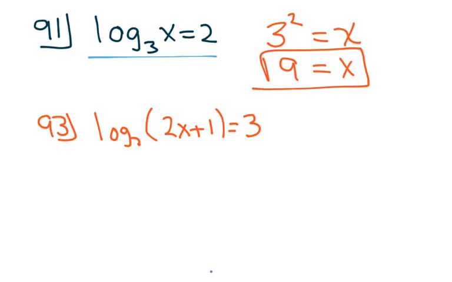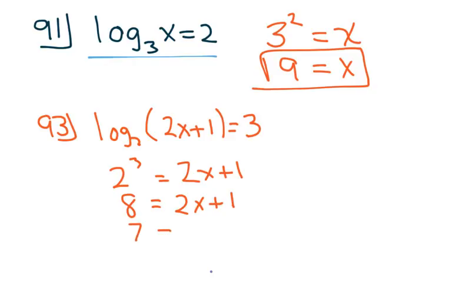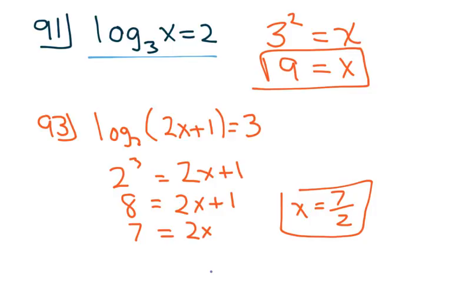So I'm going to rewrite this as 2 cubed equals 2x plus 1, which basically means 8 equals 2x plus 1, which means 7 equals 2x, which means x equals 7 over 2. Simple enough. Looks scary, but it's not that scary.